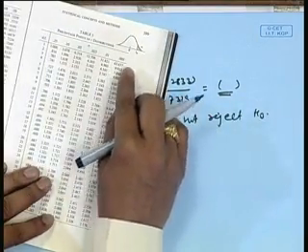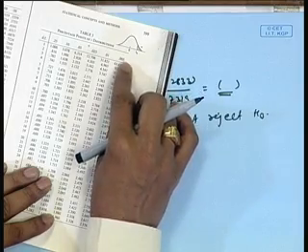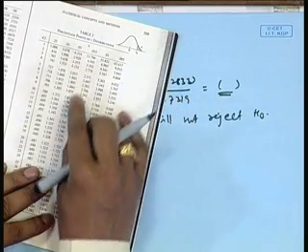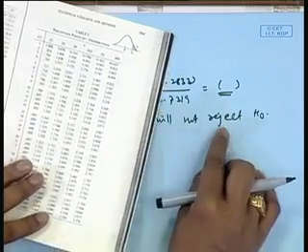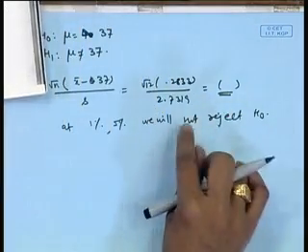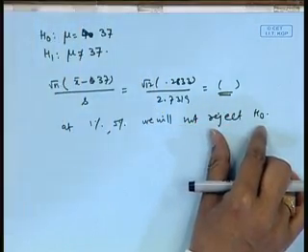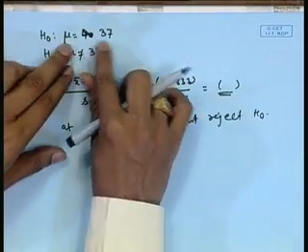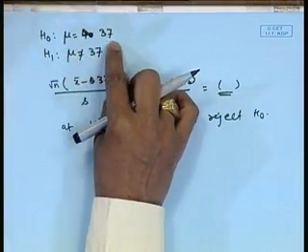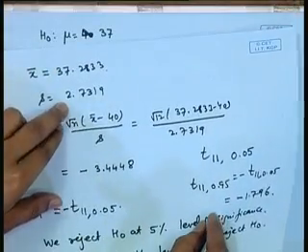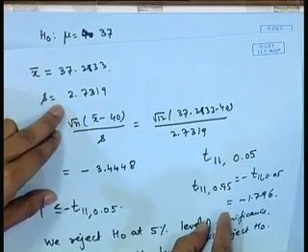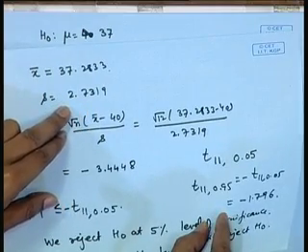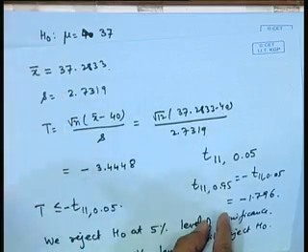Even if we take, say, 0.1, so the 0.05 you have to see, that is 1.796, etc. All these values you will not be able to reject H naught. Why? Because the value mu equal to 37 is pretty close to the sample mean here, and the variance also supports that, in the sense that the value of this is not too small. If the variability was extremely small, then even this difference would have become large here.